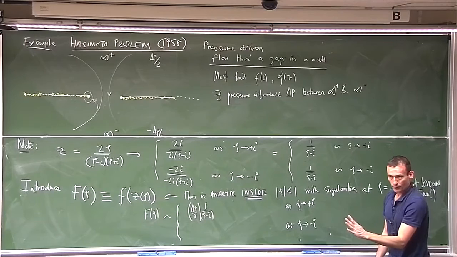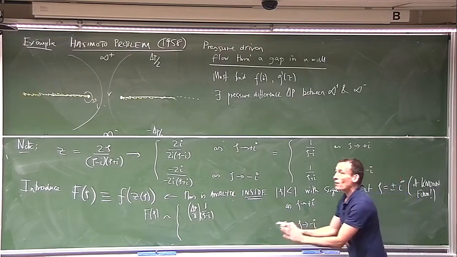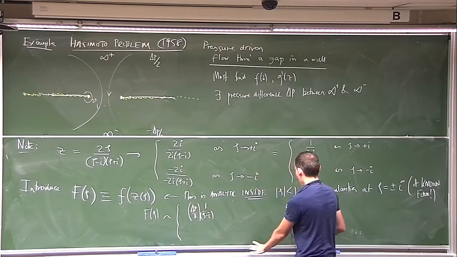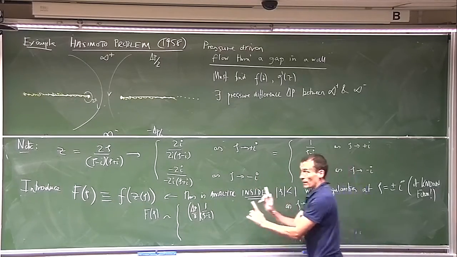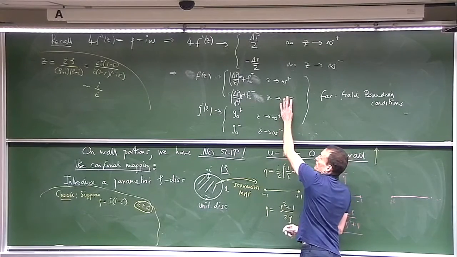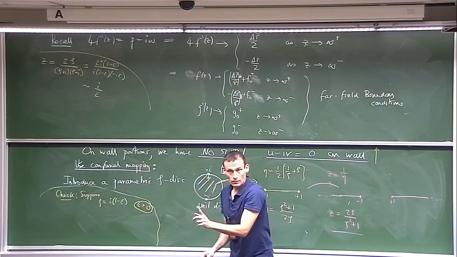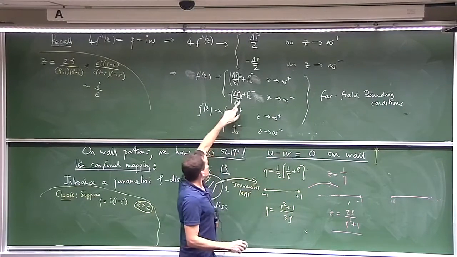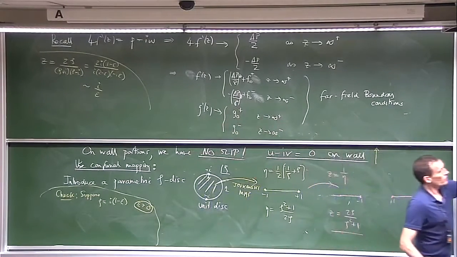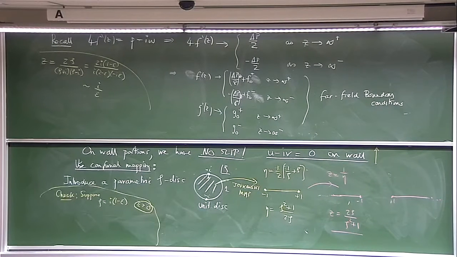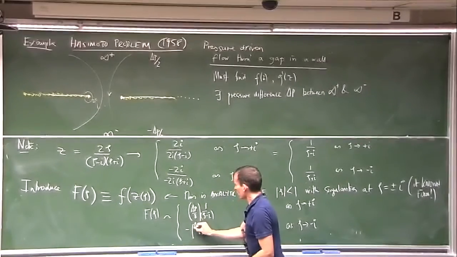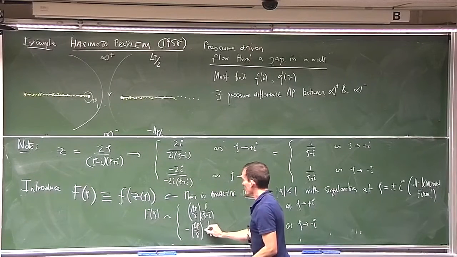Everybody with me? Now, let's go downstairs. As zeta tends to minus i, which means Z goes to minus infinity, F goes like that, but now the same thing with a minus sign. And Z goes like this one. Is everybody with me? So I get the same thing here, but now with a minus sign, delta P over 8, 1 over zeta plus i.